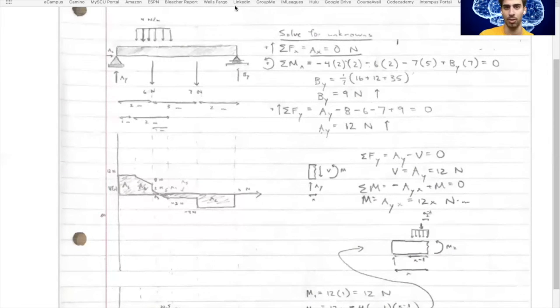So for example, if you make this cut right here, let's just say this distance is like 0.5 meters. It's kind of tough to write out on a trackpad, but 0.5 meters, and this applied load is 4 newtons per meter, it's only a force of 2 newtons.